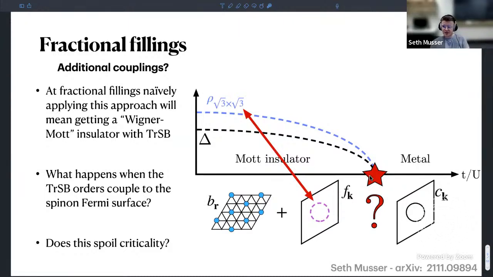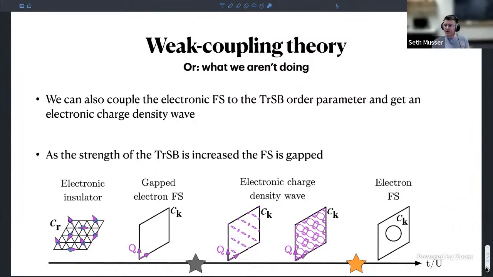So we're breaking translational symmetry at the same time that we're becoming an electrical insulator. But that may not be true, right? If we take into account this coupling here, we may spoil both of these orders from appearing on the insulating side. So what do we do about that? That's kind of our motivation.